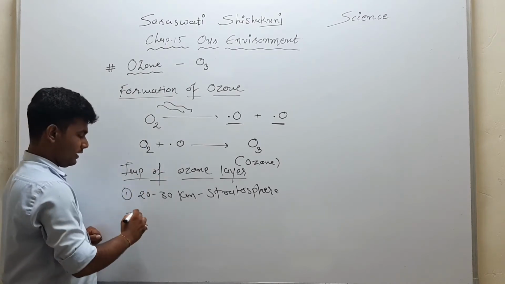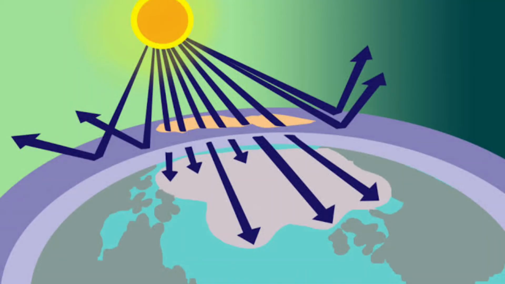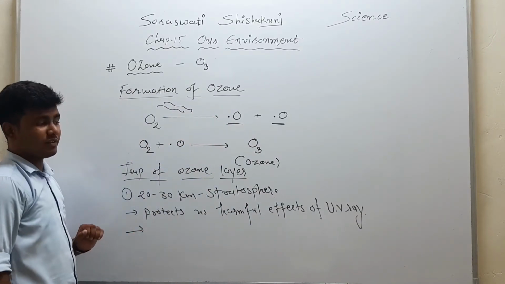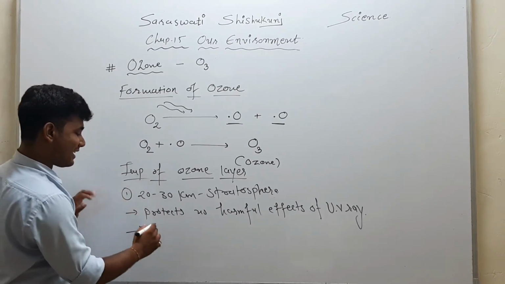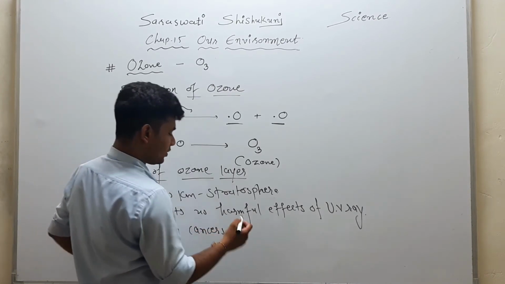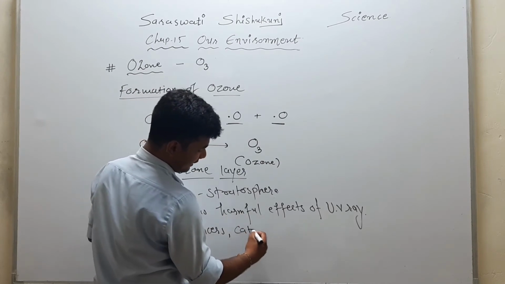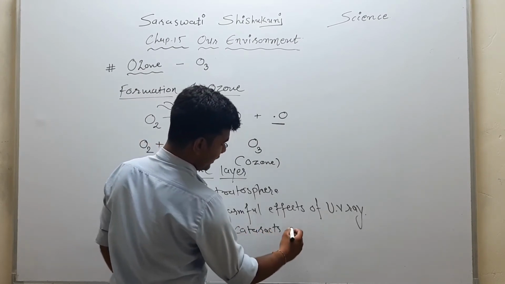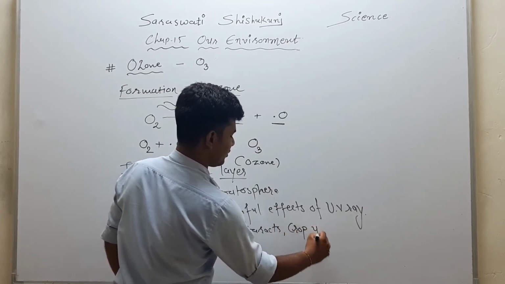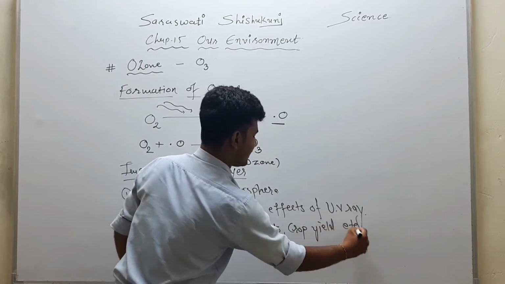This ozone protects us from harmful effects of UV rays, from ultraviolet rays, and as we are safe from harmful effects of ultraviolet rays, which are responsible for skin cancers, and also defects of the eyes like cataracts in crops, etc. Right?